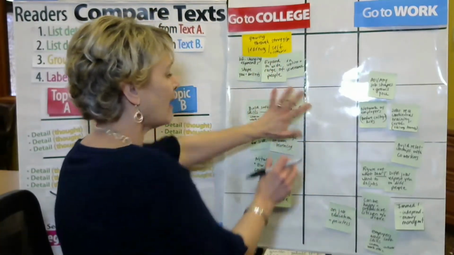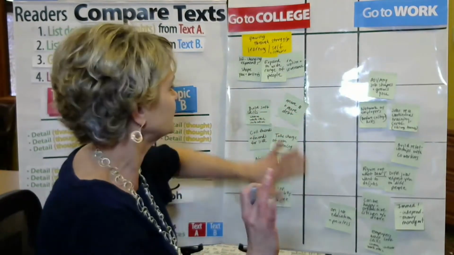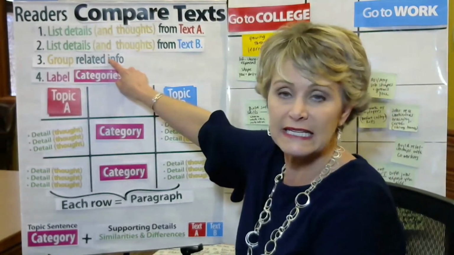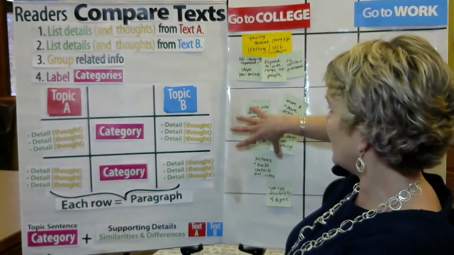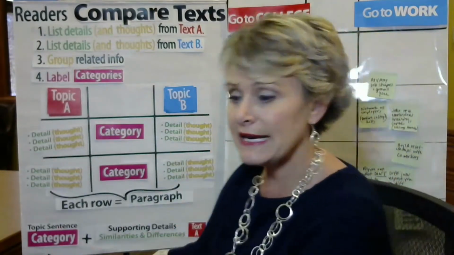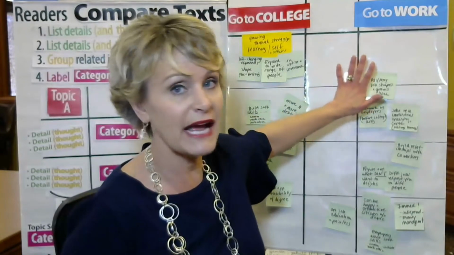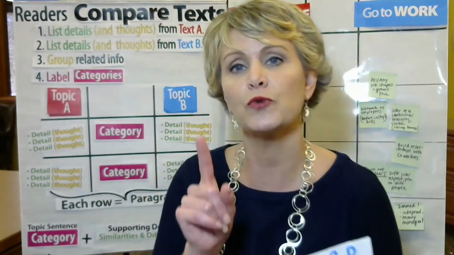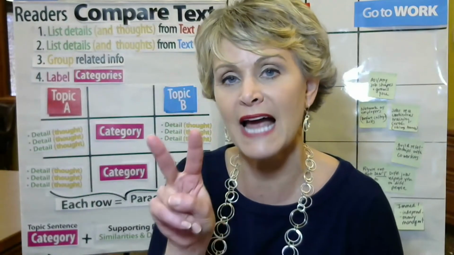Okay, now there might be some more here, but let me pause because right now, all I've done is group related information for one topic, and I found this possible grouping. Now, wait a minute. I can't slap a category here. No, not yet. Because in order to compare the text, that grouping has to work for both topics.